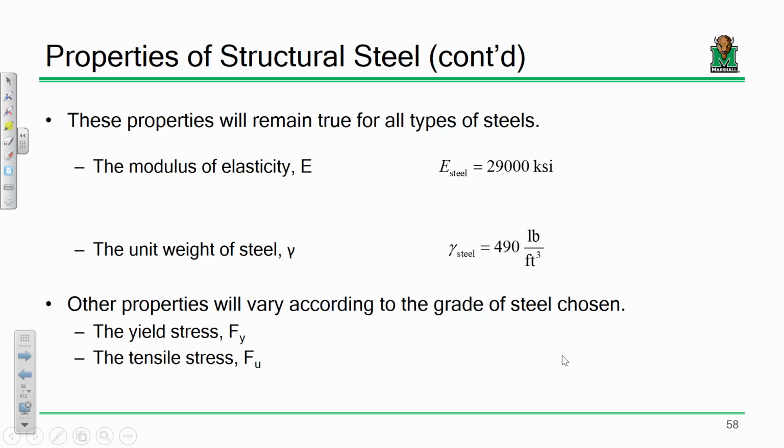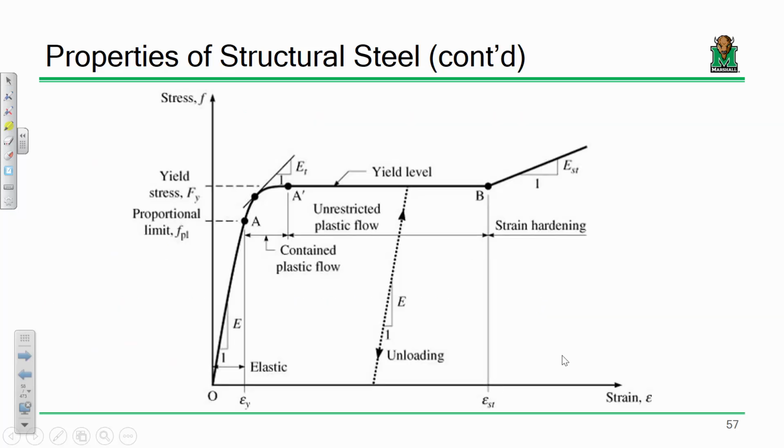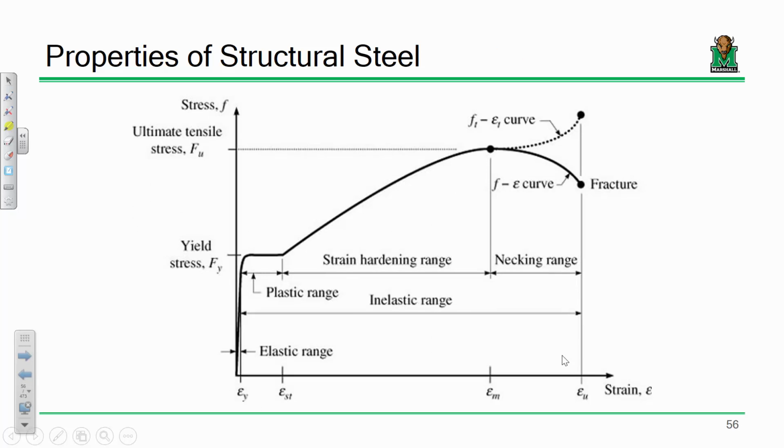That number, E equals 29,000 KSI, that's a number I want burned into the back of your head by the time this is all said and done. By the time you all graduate, that's a number I want you to recall from memory. Just like the unit weight of water, 62.4 pounds per cubic foot. Now, what does change from grade to grade are the yield stress, in other words, the point at which the steel, or the point at which the can goes from bouncing back to being permanently deformed.